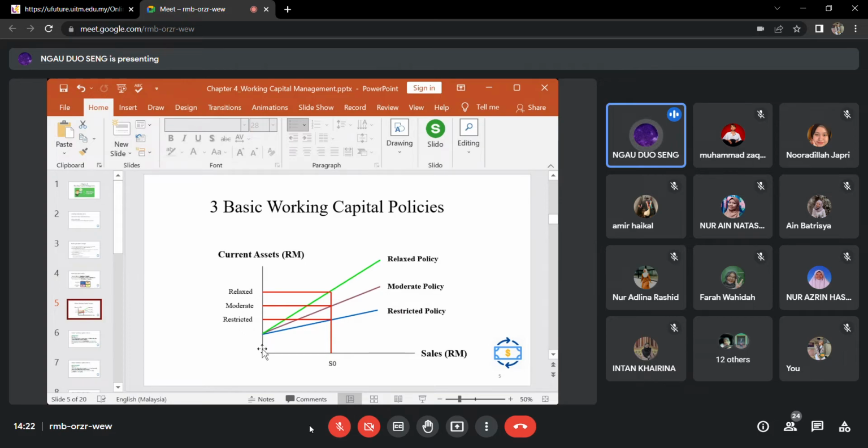If your current asset is higher, this refers to the relaxed policy. If your current asset is lower, this refers to the restricted policy. In between will be the moderate.